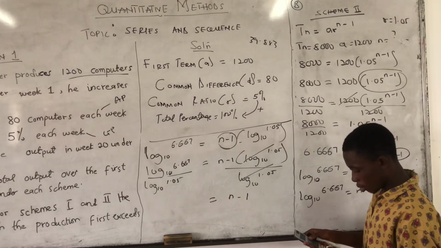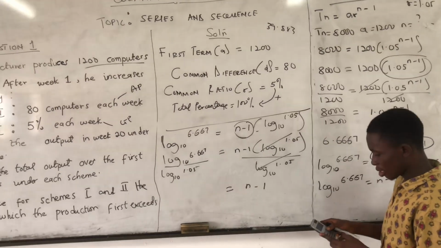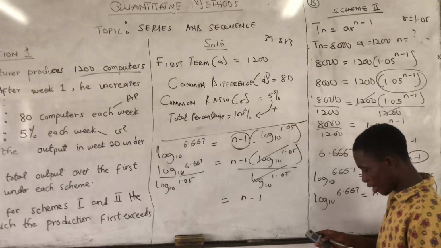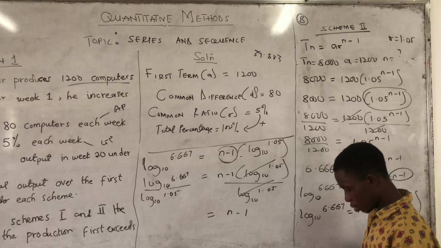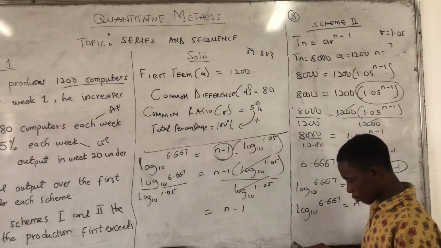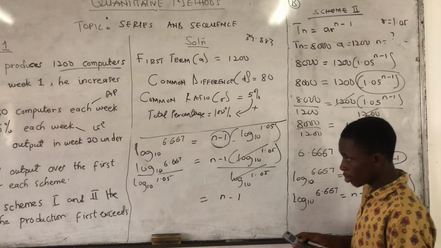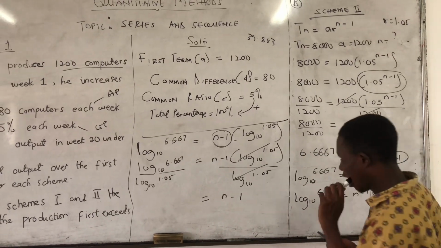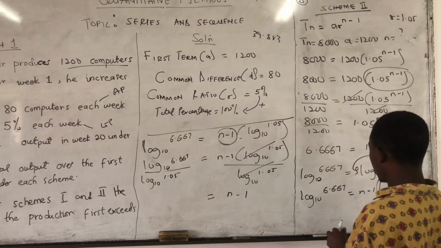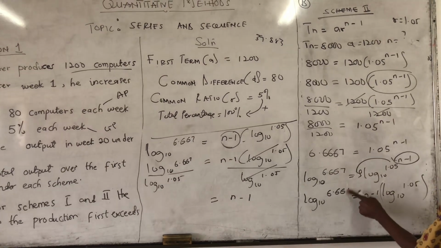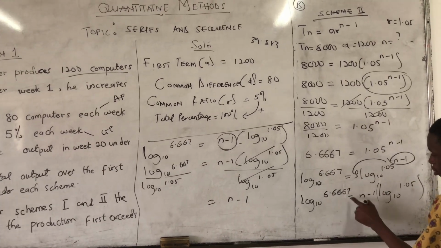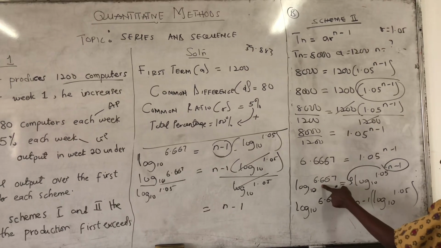So log 10 of 6.6667 divided by log 10 of... sorry, it's 666. Sorry, I made a mistake. It's 666. Don't forget. I hope you guys are not confused. It was 666.